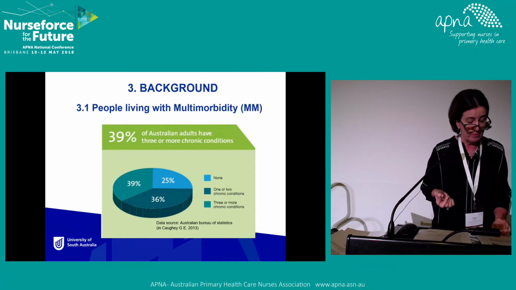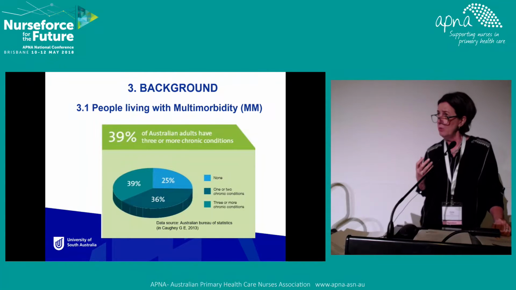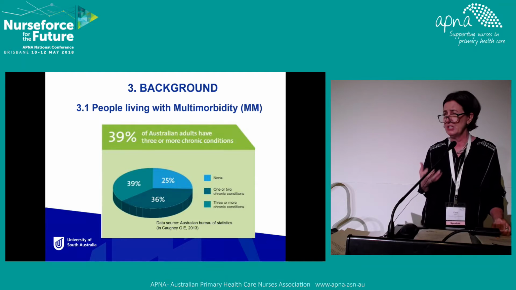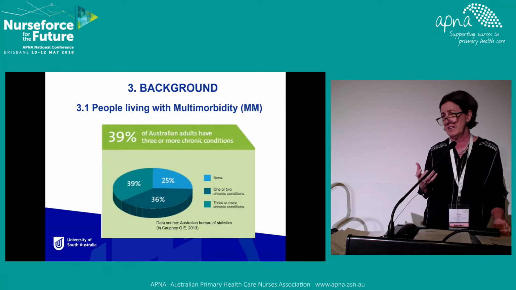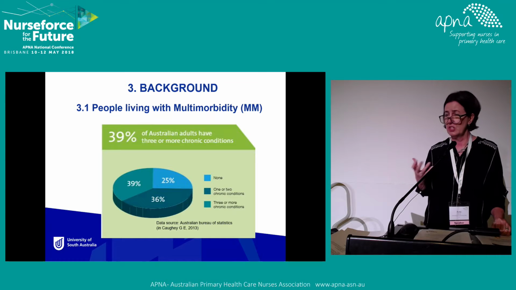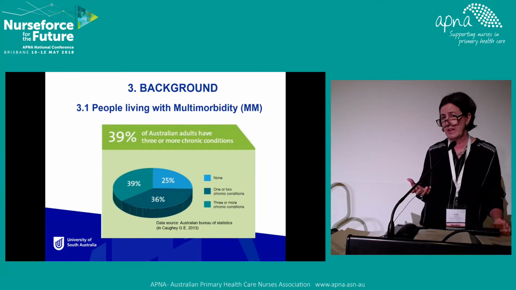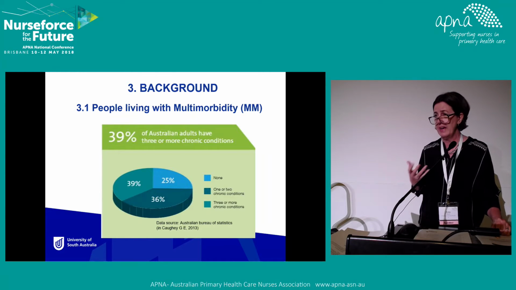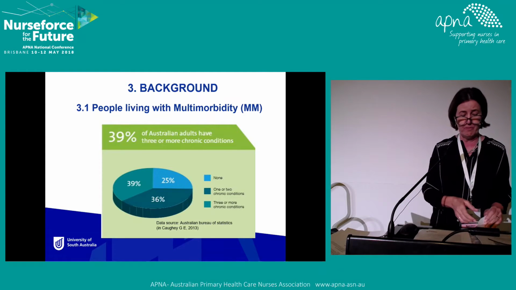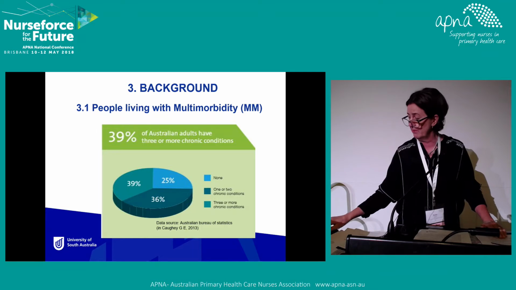And then the third person was a woman who had a background of spina bifida and complex care needs, and she had recurrent UTIs and cellulitis that she was being admitted with really fortnightly. So her escalation plan wasn't working, so she also needed a care plan worked out with her. So this is just to illustrate that sort of background of multimorbidity.